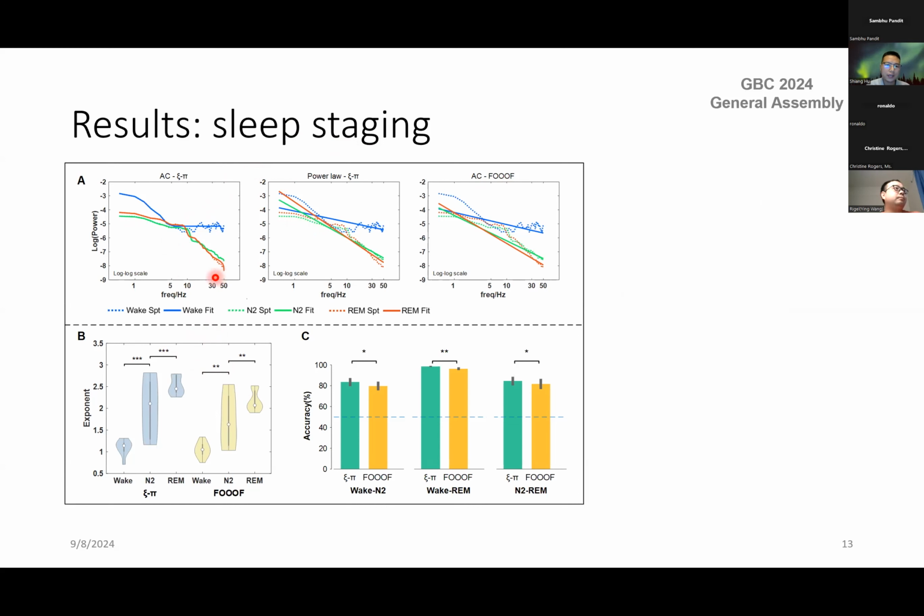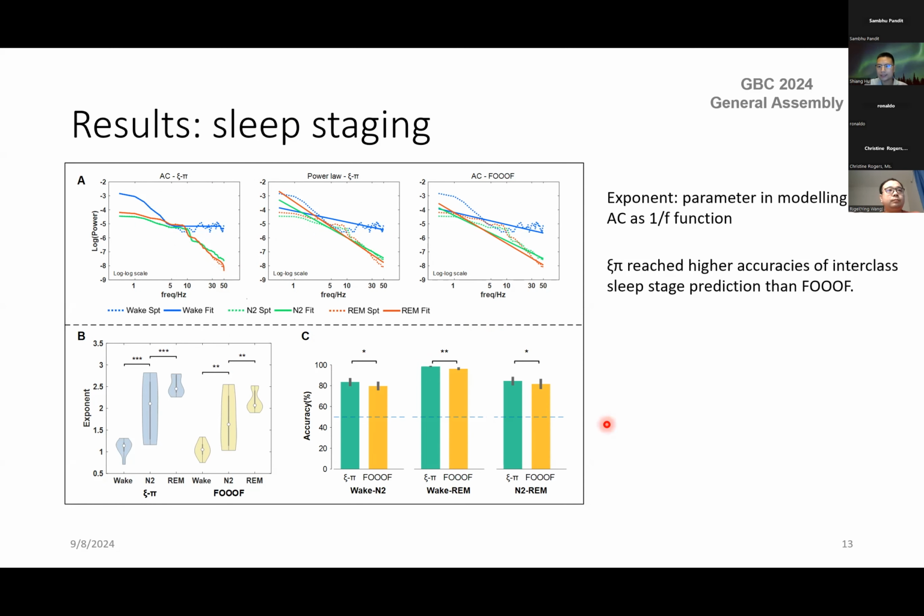You can see here, with CPI, the included angles between different solid curves are larger than with FOOOF, which means the CPI model helps identify more differentiable features from the aperiodic spectra than FOOOF, and the result is indeed like that.